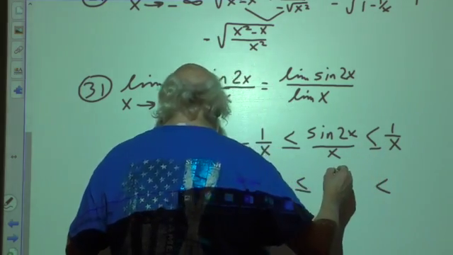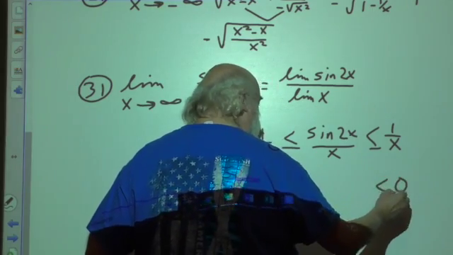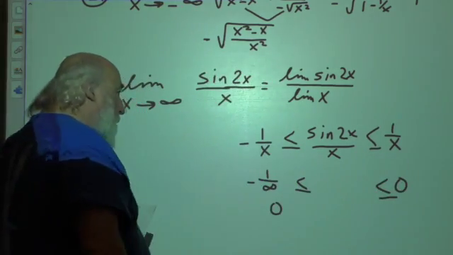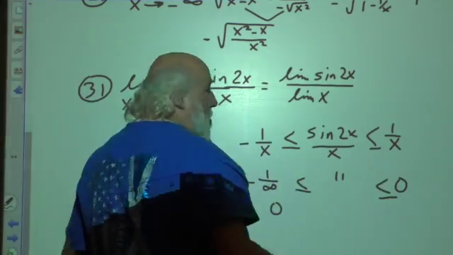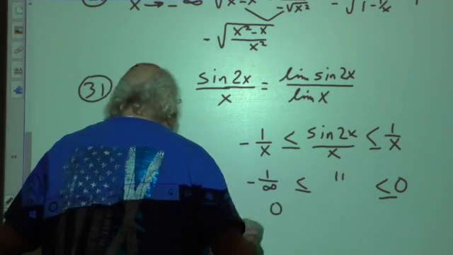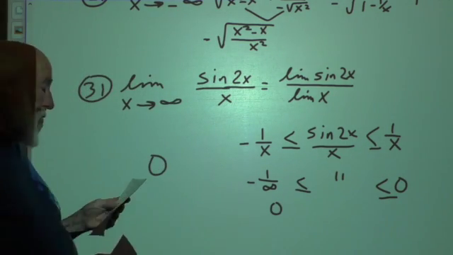I'll show you the symbol here. 1 over x is 1 over infinity, which is 0. And so this value right here is going to be between 0 and 0. What could it possibly be? Answer is 0.